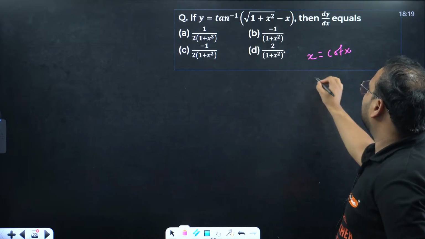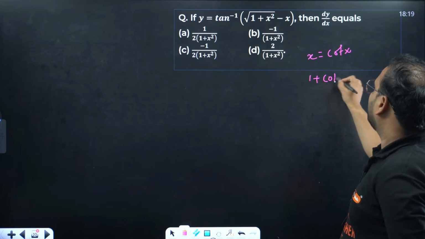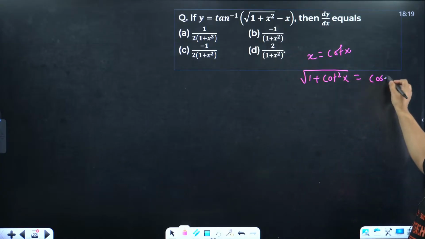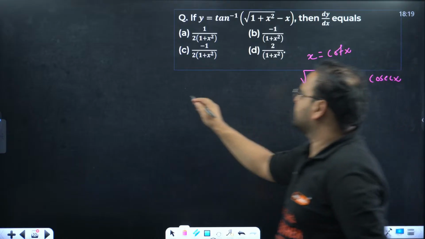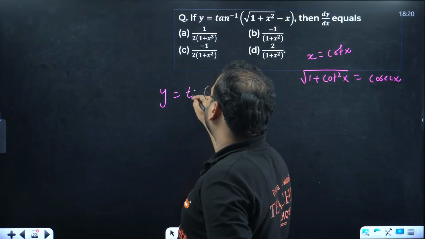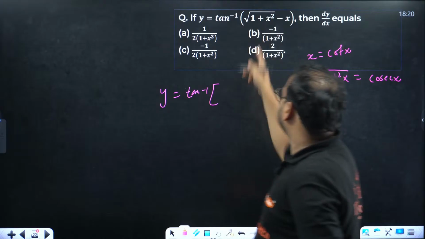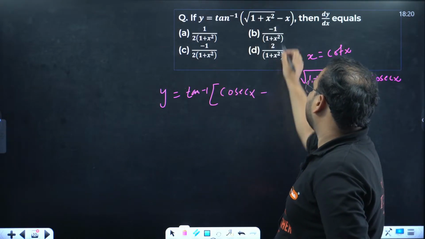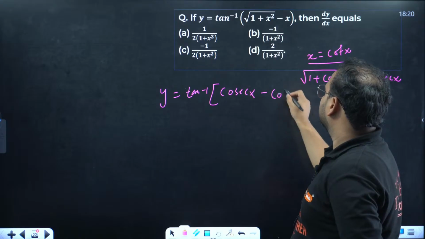So you're going to get what? 1 plus cot square of x. That'll become what? Cosec x. This expression becomes what? Y equal to tan inverse of, this value is cosec x minus x is what? Cot. So cot x.